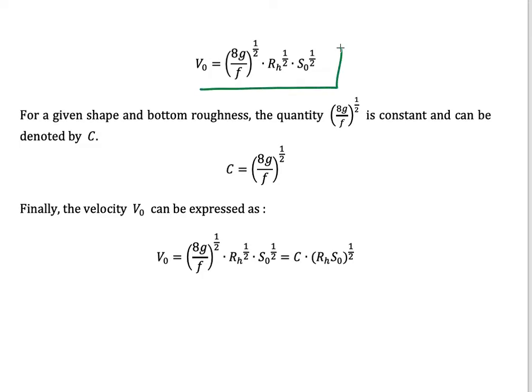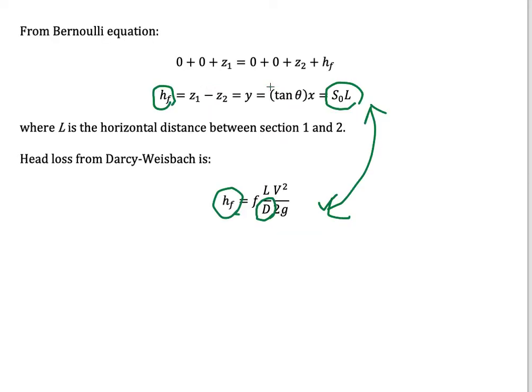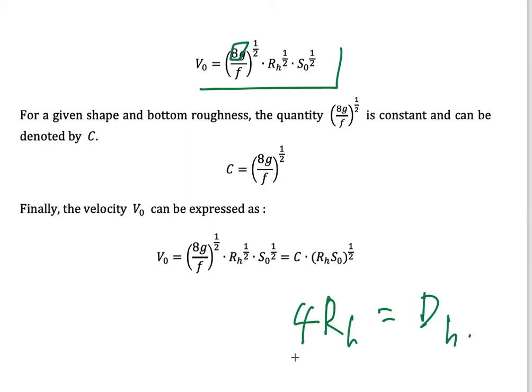In the previous note we said that 4 times the hydraulic radius is equal to the hydraulic diameter. So we substitute with the diameter, and that's why we get an 8 here: we have 2 here, 2 times 4 gives the value of 8. So that is the one.